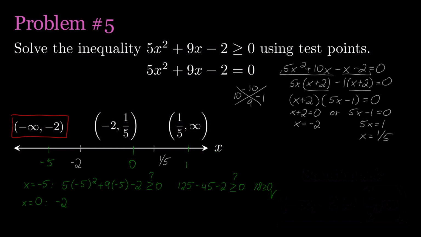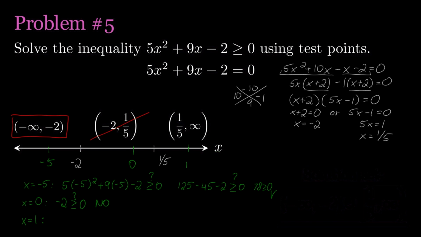So we get only -2. And the question is whether it is greater than or equal to 0. Of course it's not. So our test point doesn't satisfy the inequality, and therefore the whole interval from which it came, from -2 to 1/5, does not belong to the solution set of our inequality.